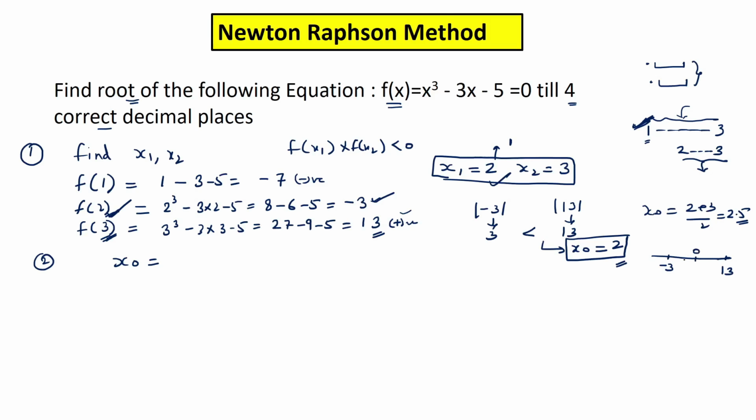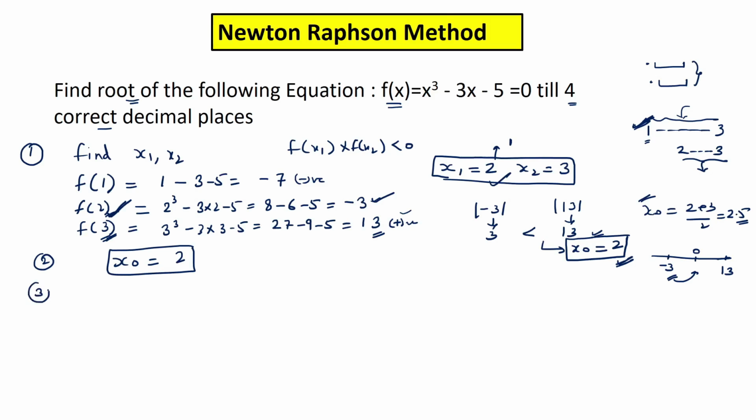So which value is closer to 0? You can say this value is closer to 0. So corresponding to that value, you should take the value of x0. Corresponding to minus 3, we have this 2. That will help us find the answer in fewer iterations. Otherwise this value is also fine. So x0 will be 2.